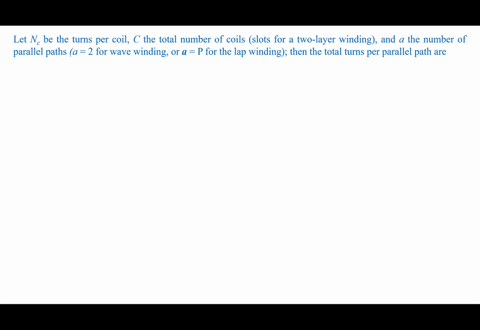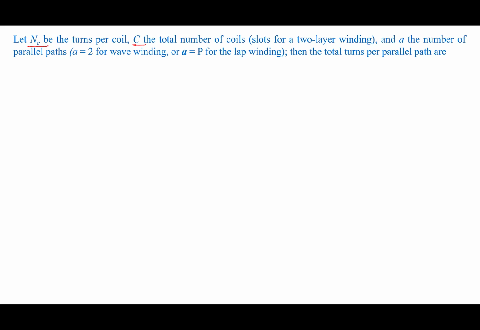Okay, so now let us move to a little more advanced version. One coil we considered only. Now we'll consider the general machine where the number of turns per coil is NC, and the number of coils is C. C is the total number of coils in the armature winding, and NC is the number of turns in a coil.